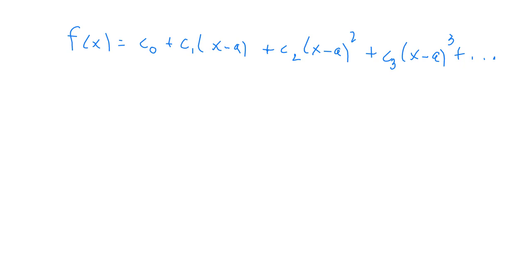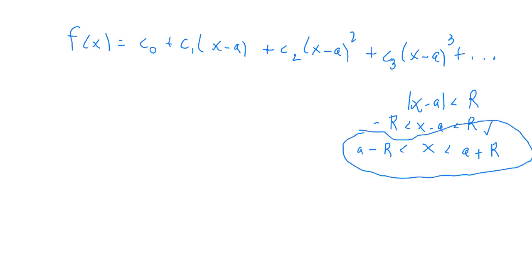And by the way, when they say that the absolute value of x minus a is less than r, that means x minus a is less than r and greater than negative r. So x is less than a plus r and greater than a minus r. So this is your interval of convergence.